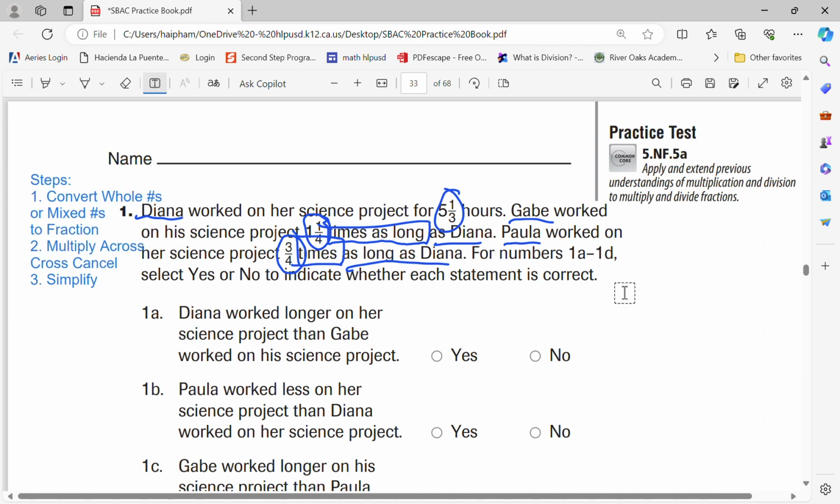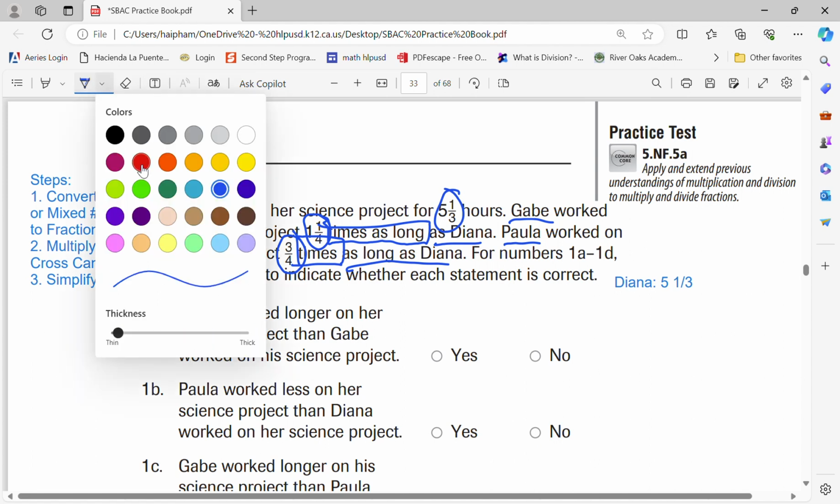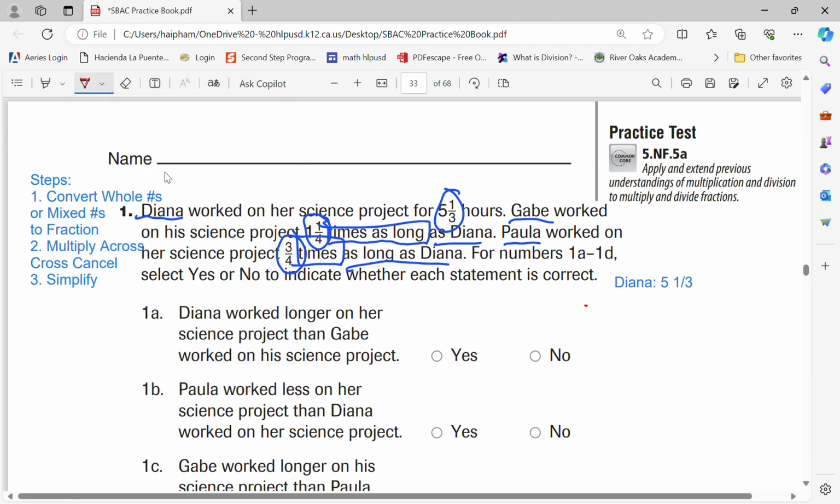Alright, let's dive right into this. The first thing we know is Diana worked on her project for 5 1/3 hours. For Gabe and Paula, we need to figure out how long they worked. Let me grab my pen and choose a different color, and let's abbreviate G for Gabe.